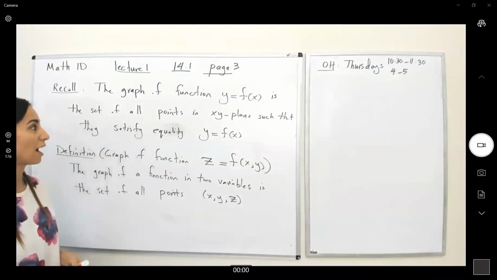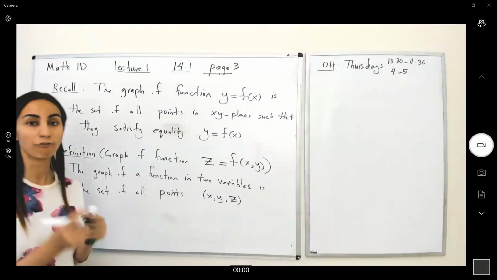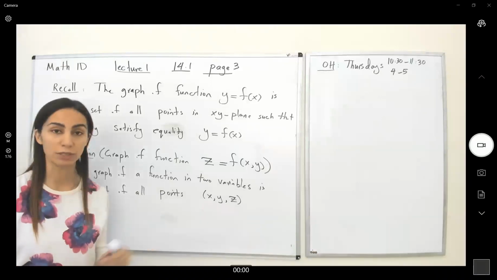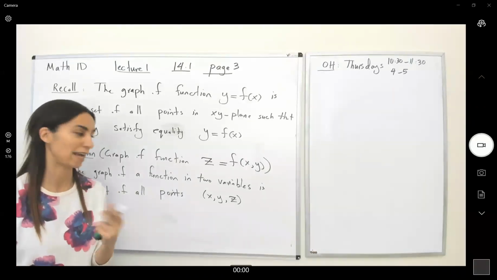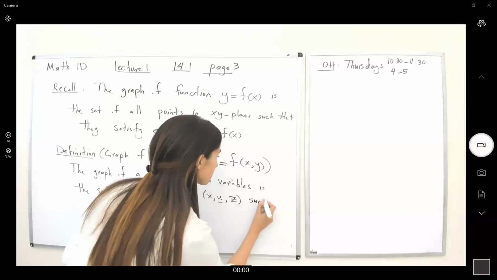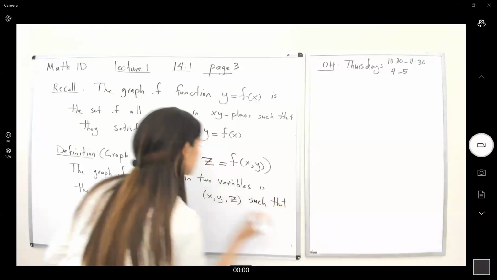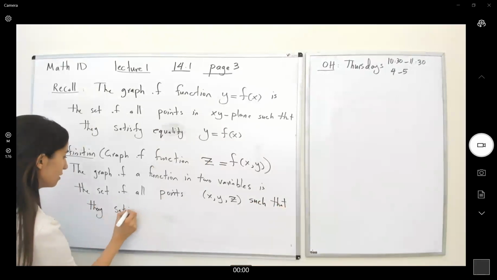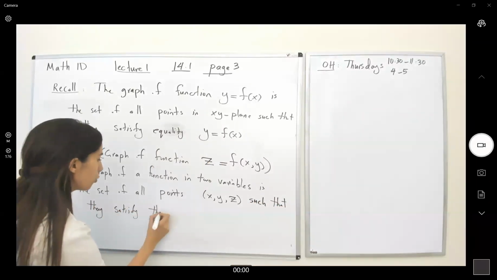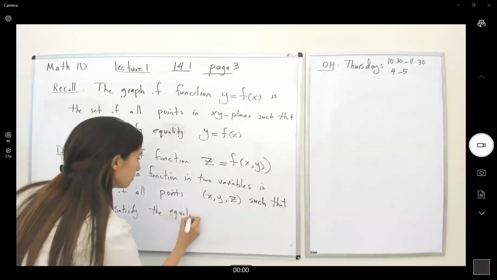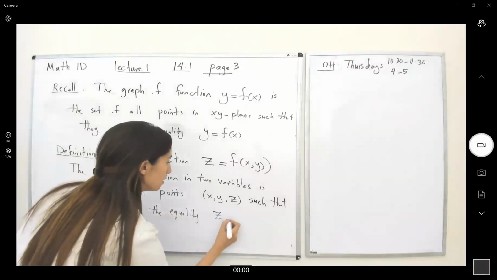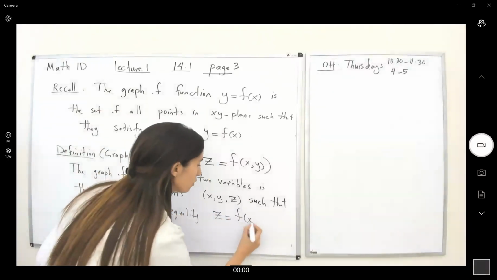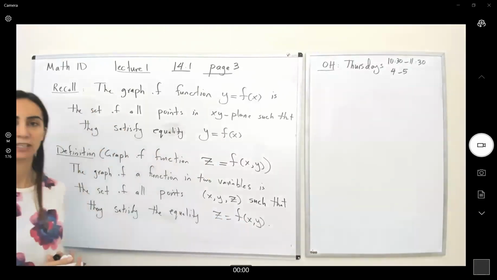So instead of having just x, y, we're going to have three coordinates, x, y, and z, such that they satisfy the equality z equals f of x comma y.